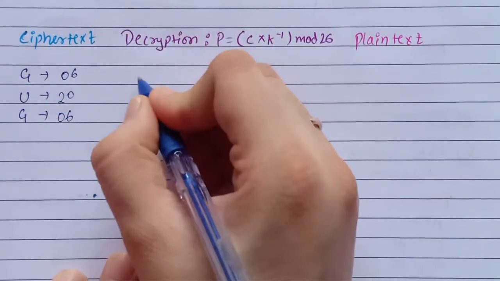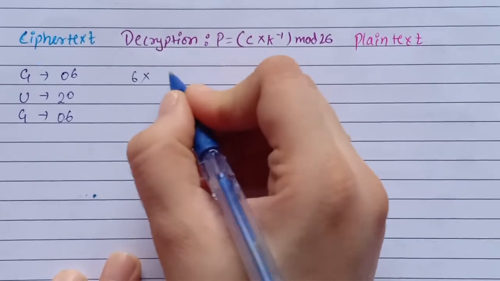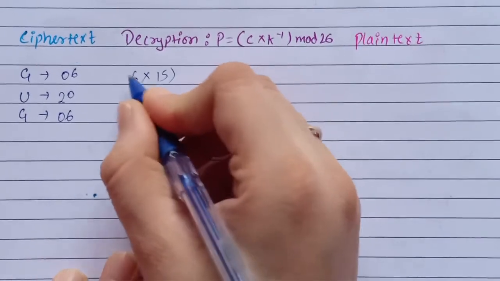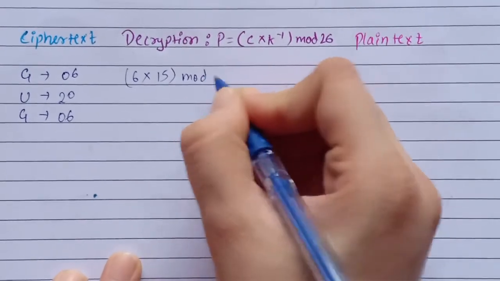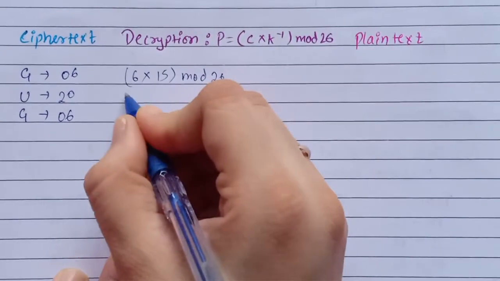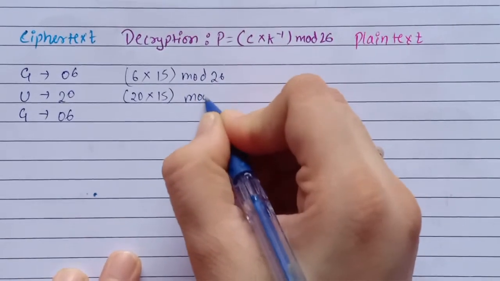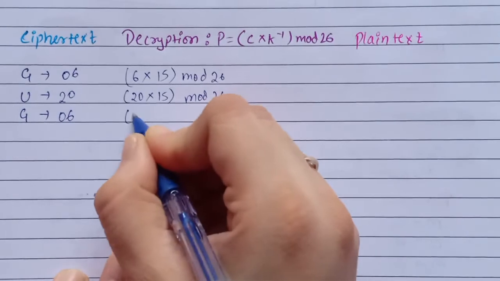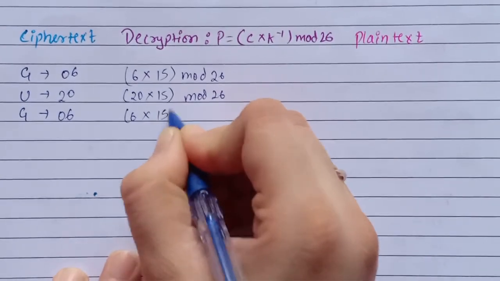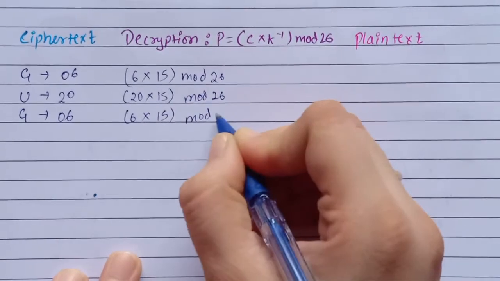So this was 6 into key inverse 15, and we will perform the mod operation. 6 into 15 mod 26, 20 into 15 mod 26, 6 into 15 mod 26.